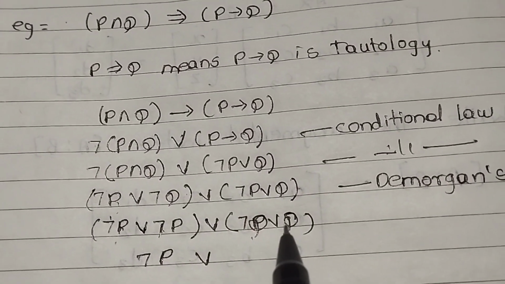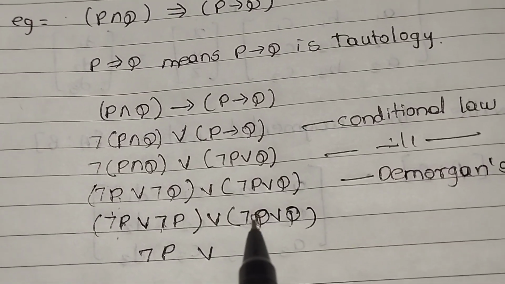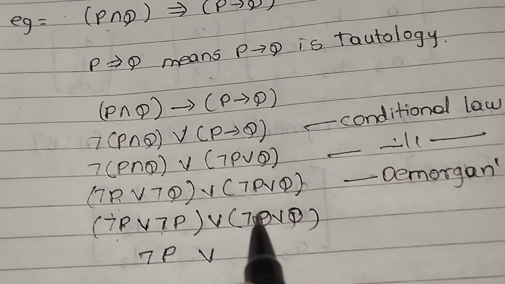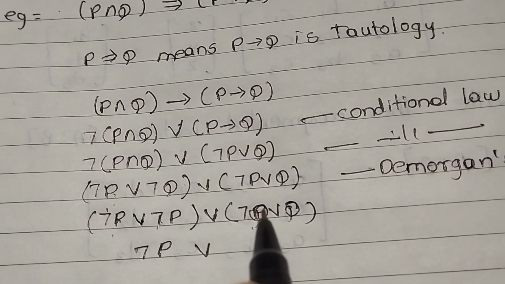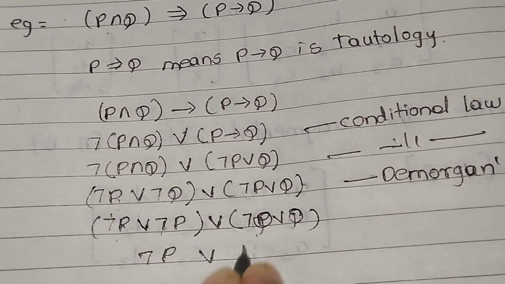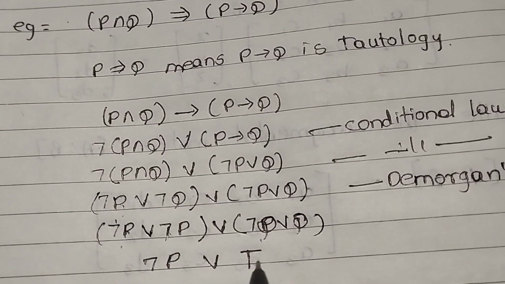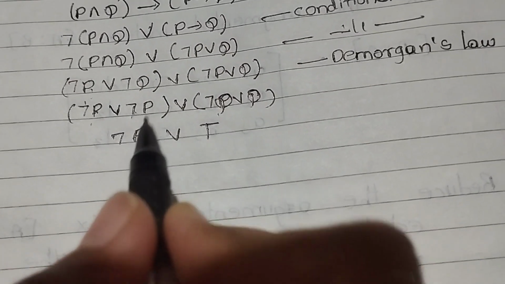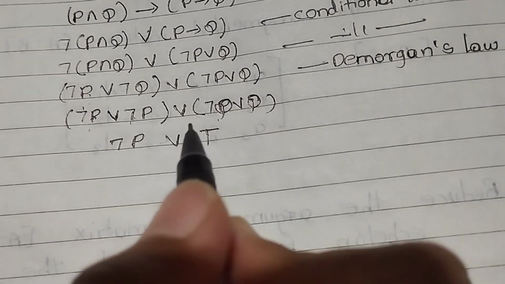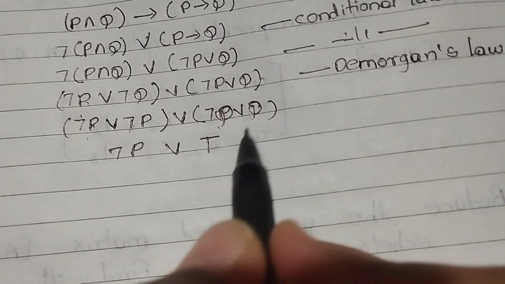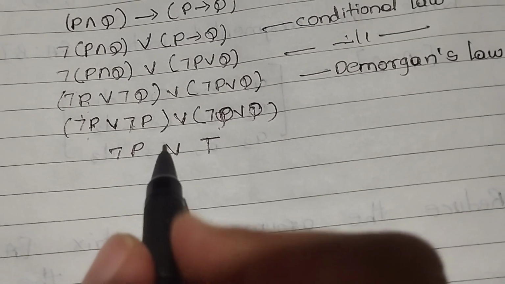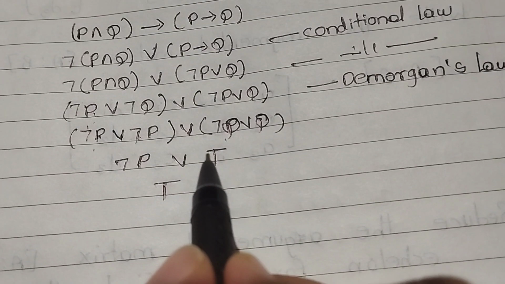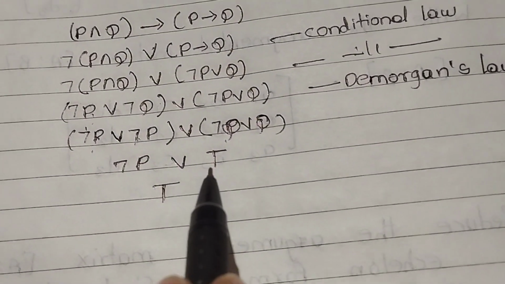Or negation Q or Q means, if we assume Q as P, then negation P or P is equal to T, because F or F is F, otherwise all are T. So if one is F and the other is T, then the result is always T. So this bracket we solve and the output is T. First bracket, the output is negation P. Now negation P or T: F or F is F, otherwise all are T. So no matter what negation P is, F or T, the final result is always T, because the second variable we are given is T. Here we use the elimination law.